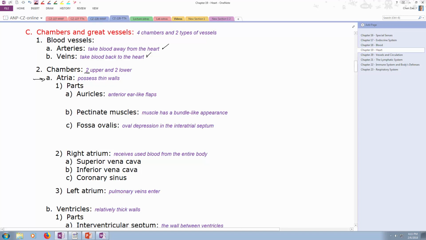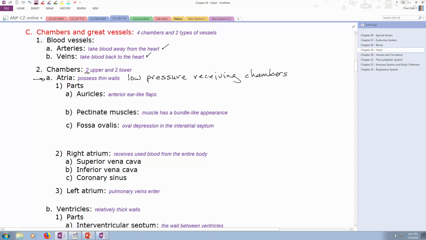Indeed, they possess thin walls, and that is because they are considered low pressure receiving chambers, and they are designed for some distensibility.